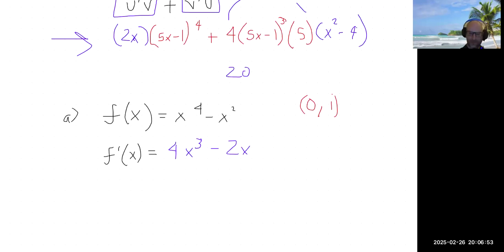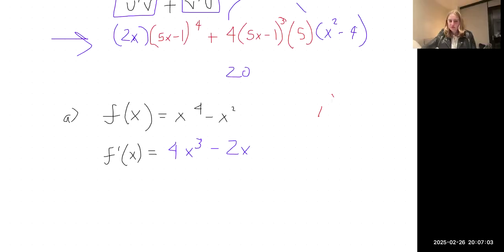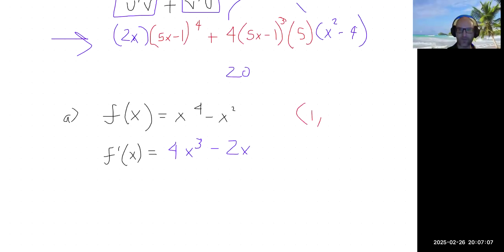And this is at the point 0, comma 1. So what do we do with that? Why do we know that that's at 1 comma 0? Read the rest of the problem. It is supposed to be at 1 comma 0, right? So, yeah, 1 comma 0.